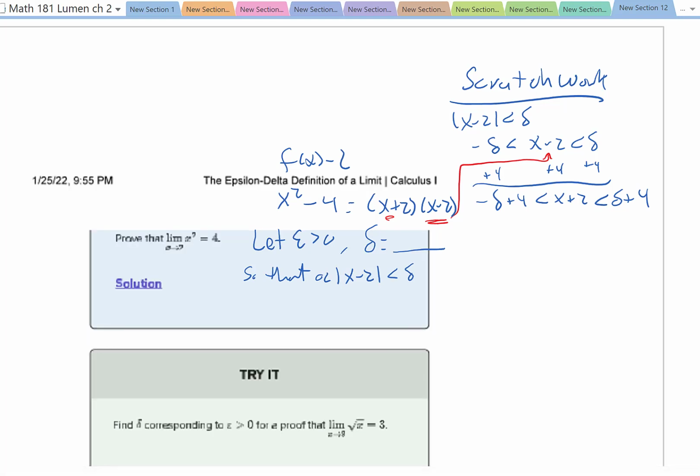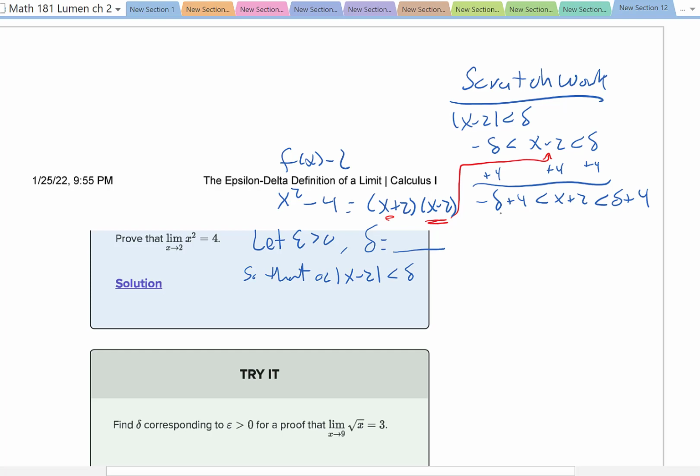Okay, now one thing I want to point out is if I want to go back to an absolute value, what I can't do right now is I don't have symmetry on this. Because to have symmetry, I need to factor out this negative on the lower end, and then it needs to be identical to what the upper end is, the part inside the factoring.